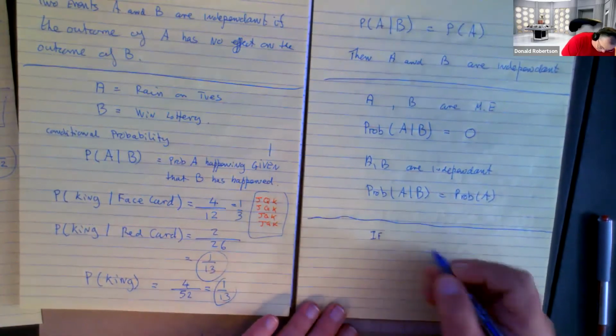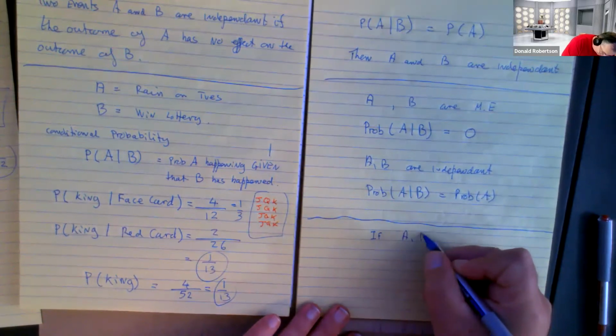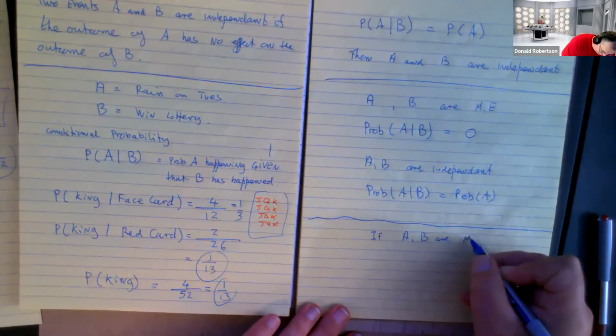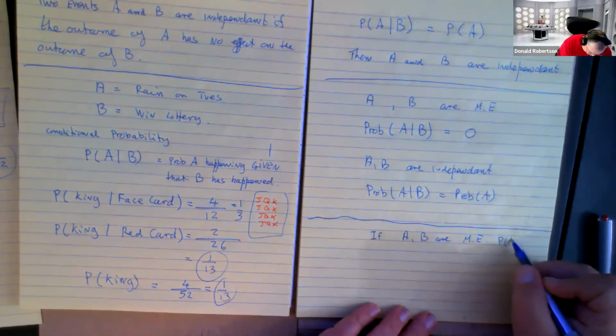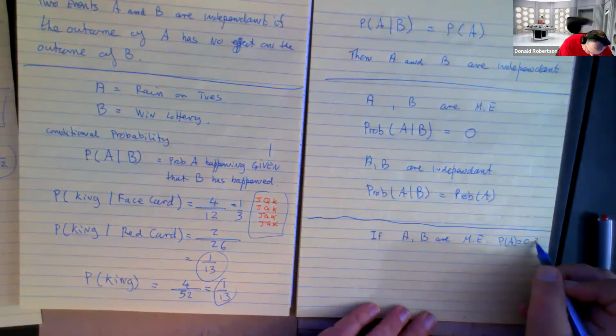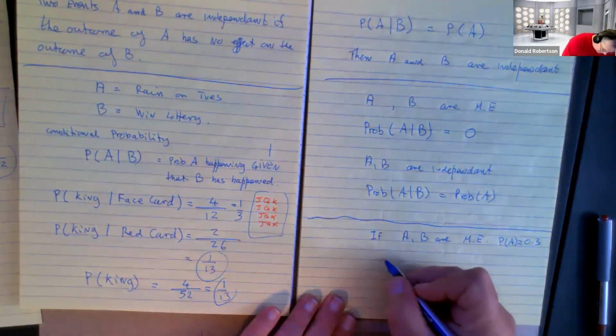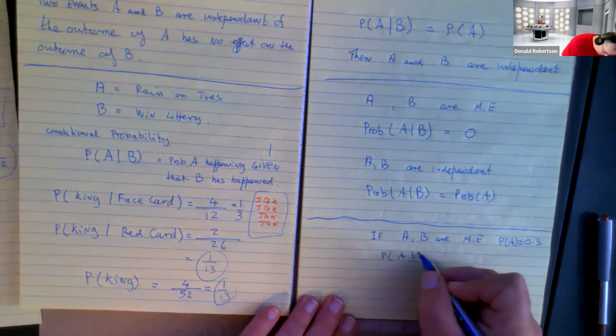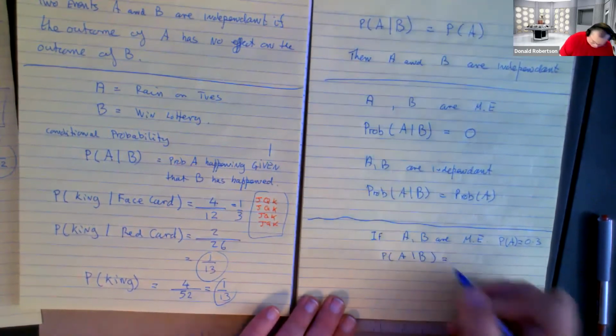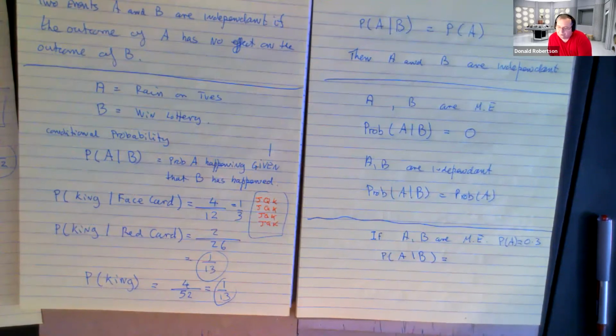So here's a little puzzle. If A and B are mutually exclusive, and I tell you that the probability of A is 0.3, then what will be the probability of A given B? What will the probability of A given B be if they're mutually exclusive?